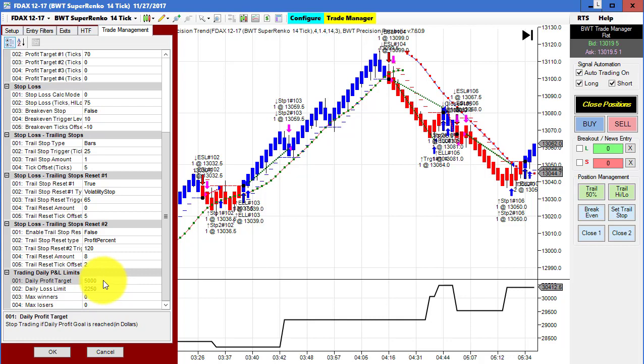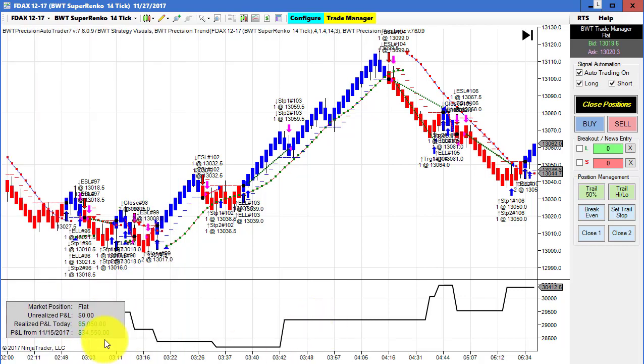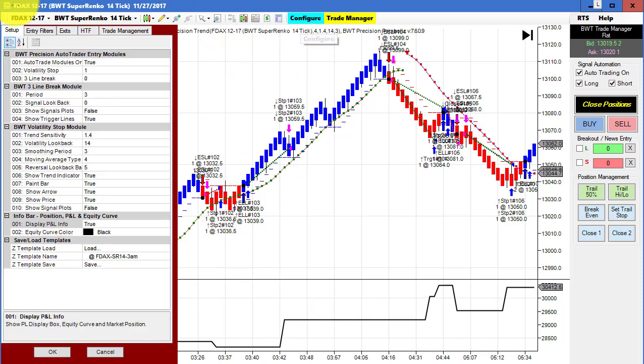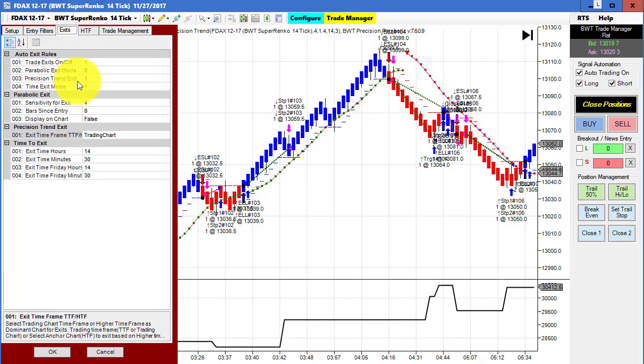So it was 2,000 and 1,500, and I went to 5,000 and 2,250. And would you know it, the first day I tried this, we hit our goal of $5,000 with 2 ticks positive slippage.